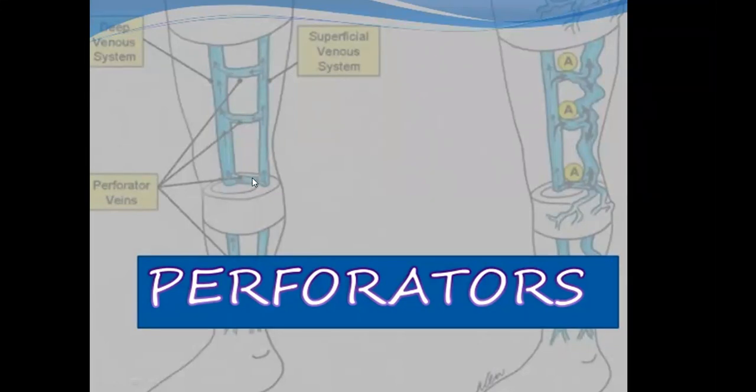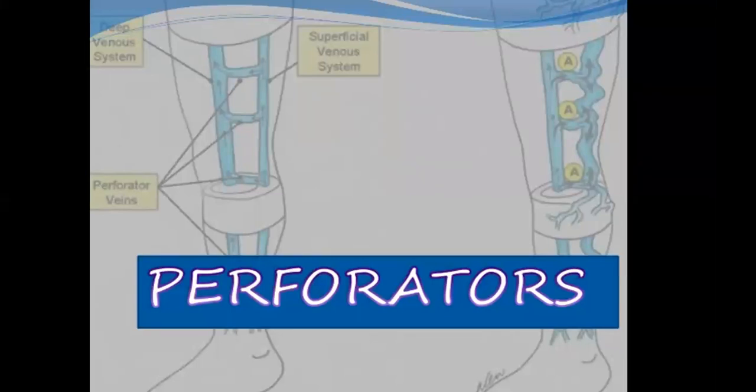These are called perforators, and these perforators connect the superficial venous system to the deep venous system. Or you can say that these perforators bring back the venous blood from these superficial venous channels to the deep venous channels, to be carried further through the femoral and external iliac veins, through the inferior vena cava, to the heart.